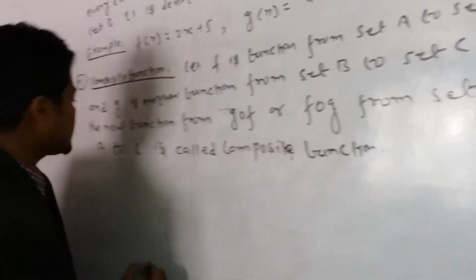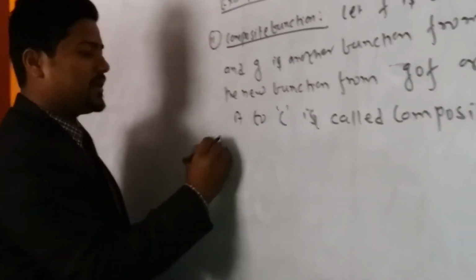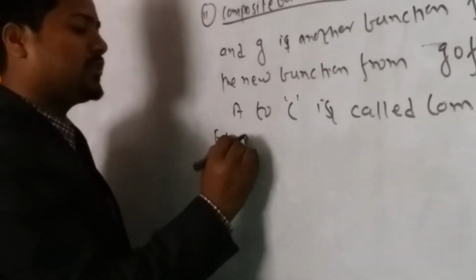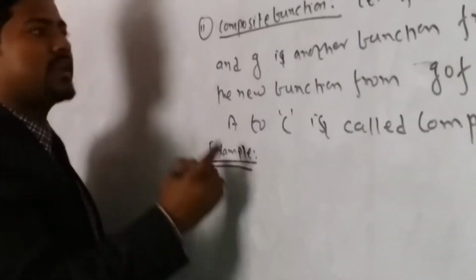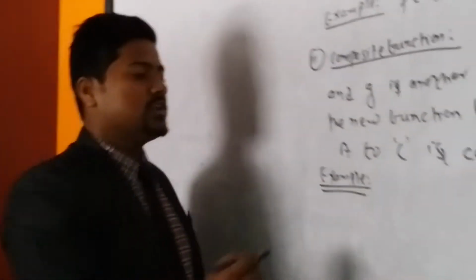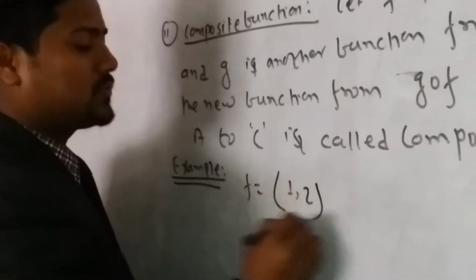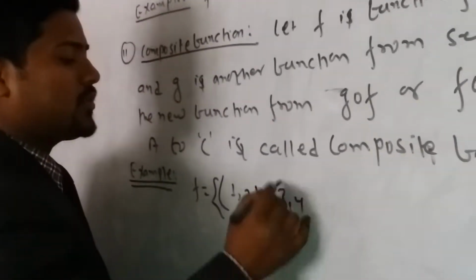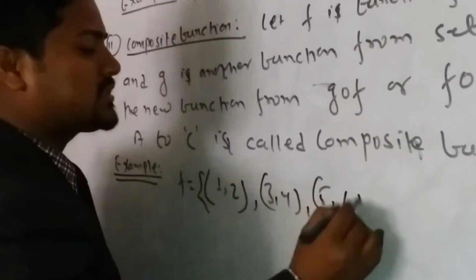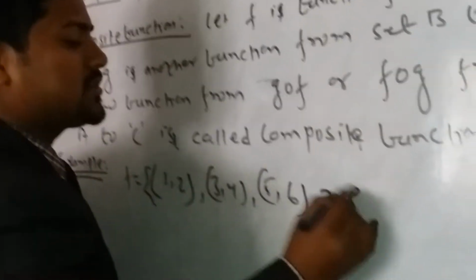Let's take an example to understand, and by using an arrow diagram we will show the composite function. Suppose that f is a function like this: 1 2 3 4 5 6 7 8.